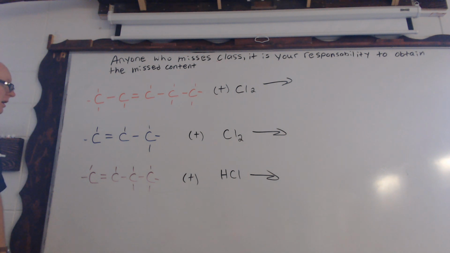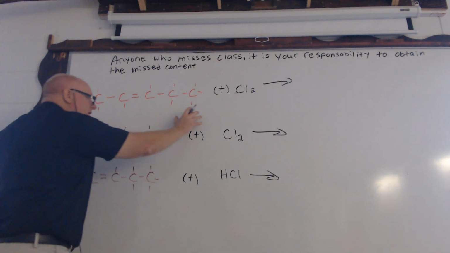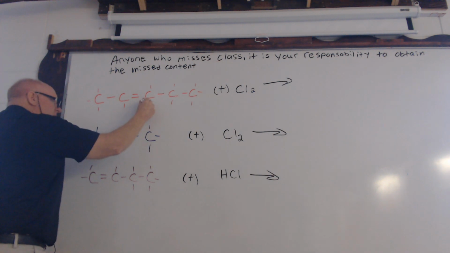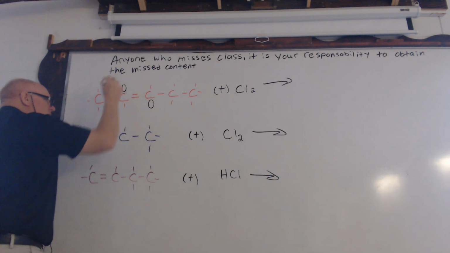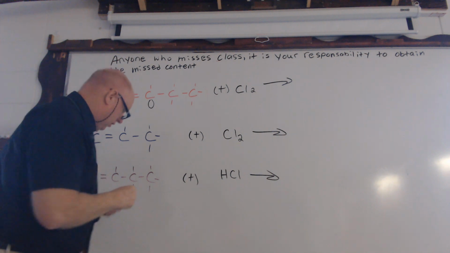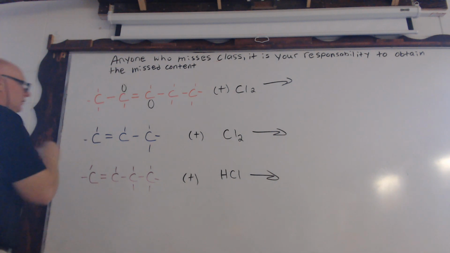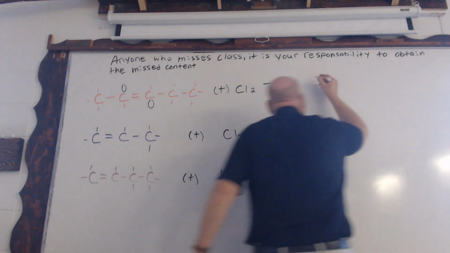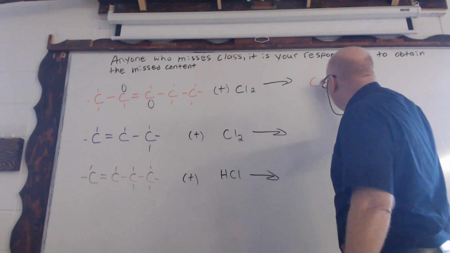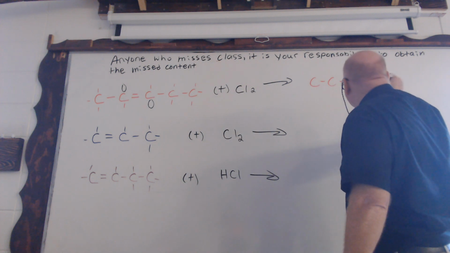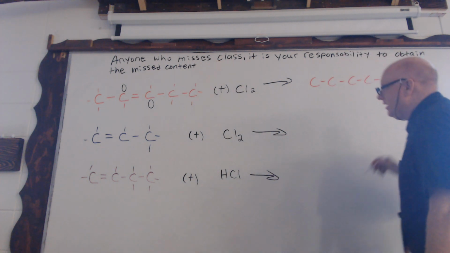So then this one's pretty straightforward. We have the availability to bond here and here. So then moving forward, and I don't know if this color coding helps, I would think that it does. Our double bond breaks.